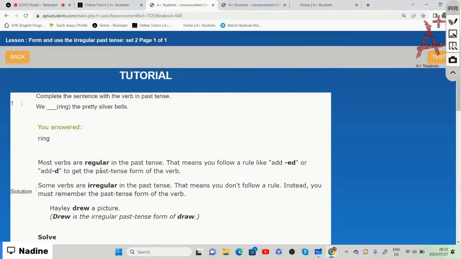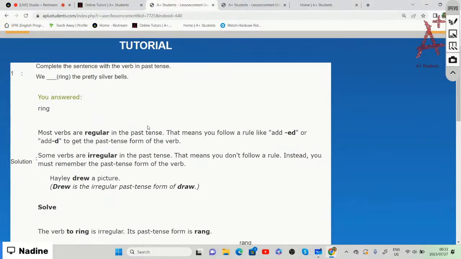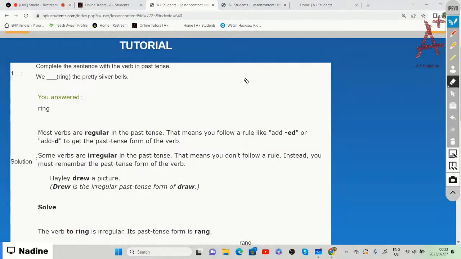So, ring. If we change the word ring to the past tense, that word is irregular, which means that the past tense form will be rang. So ring changes to its past tense form, rang.